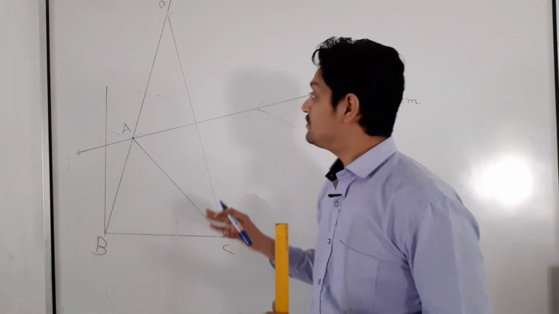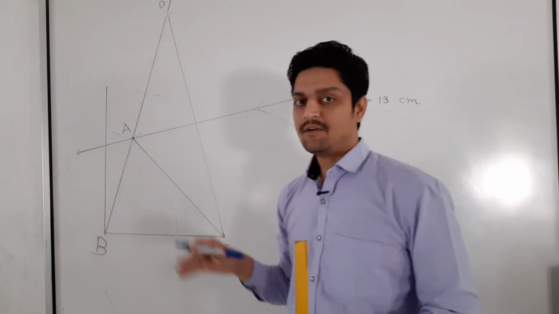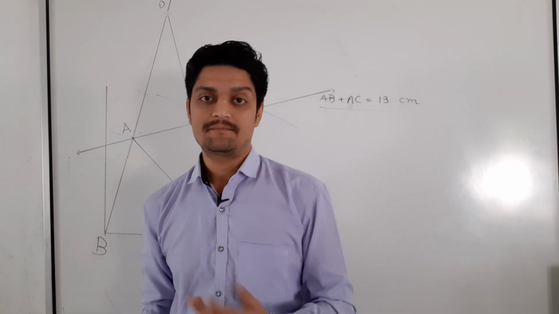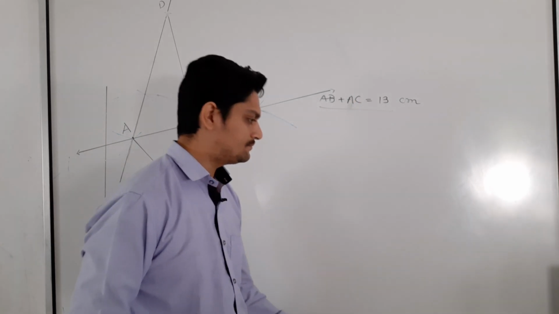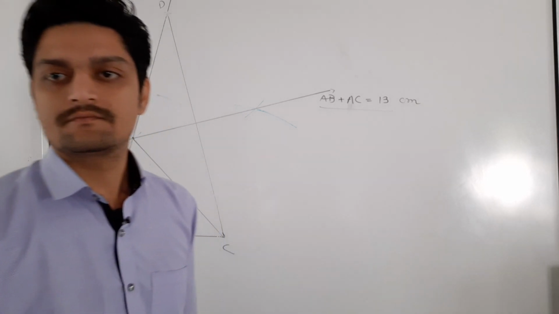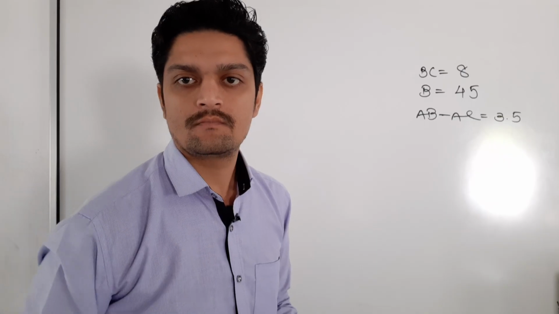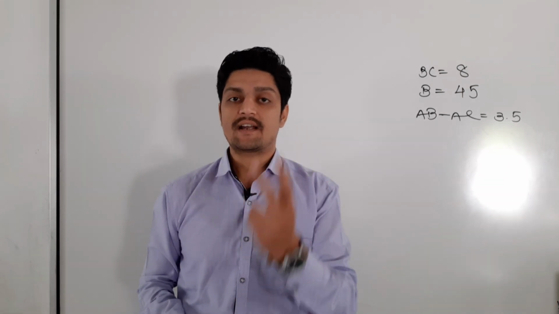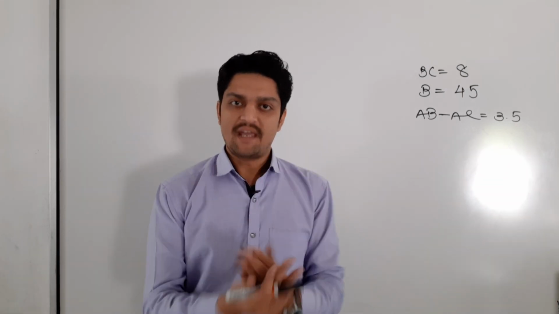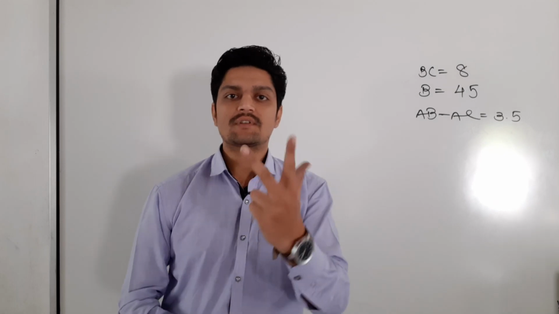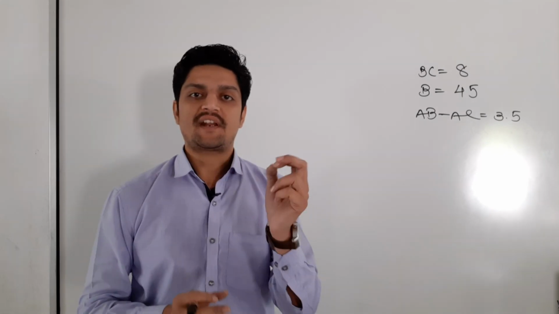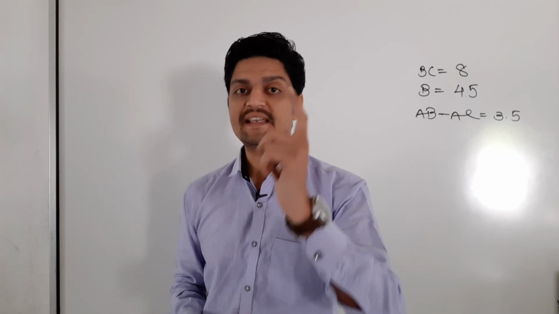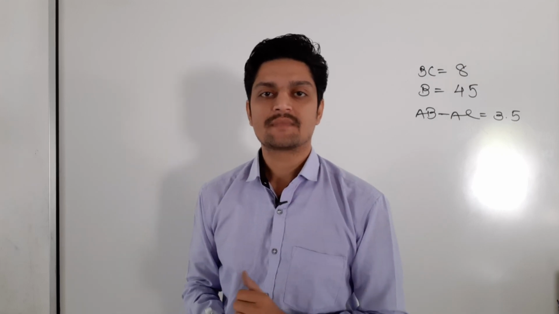I hope you understood the first one, because now I am going to start the second type. Now let's see the second question. Both base angles are given, and the difference of two sides, and we have to construct without using scale and protractor.